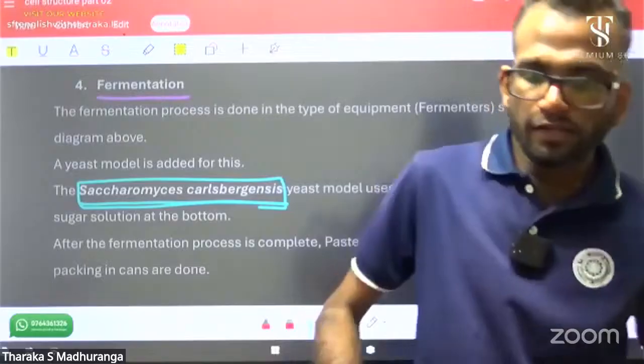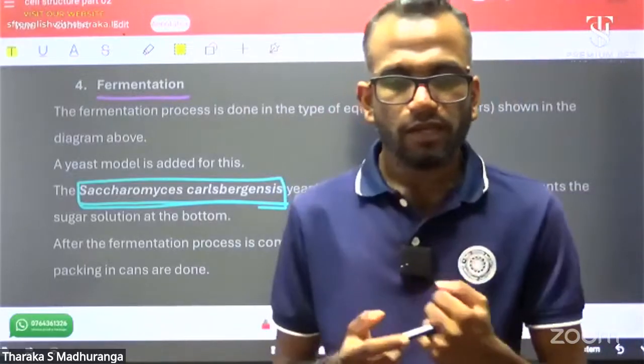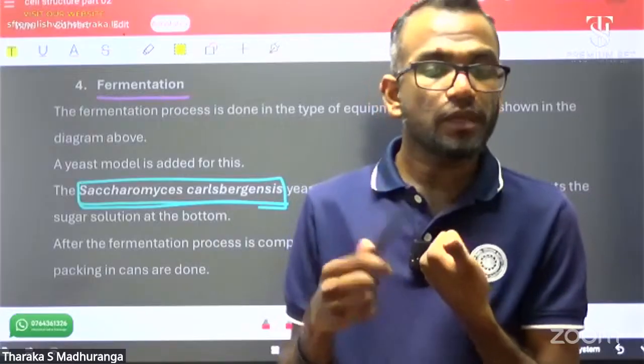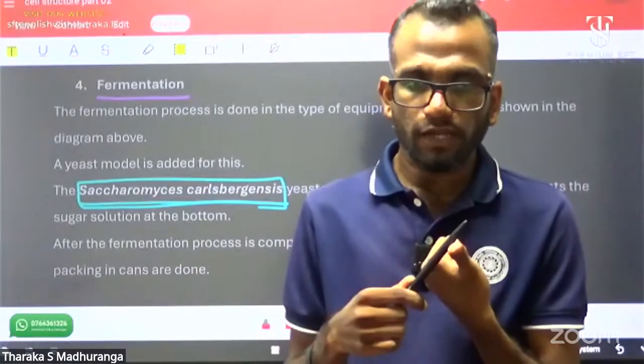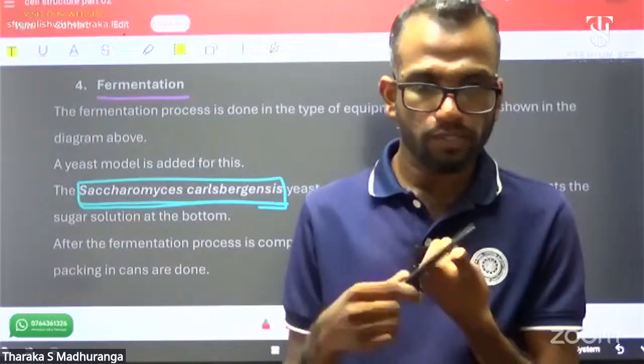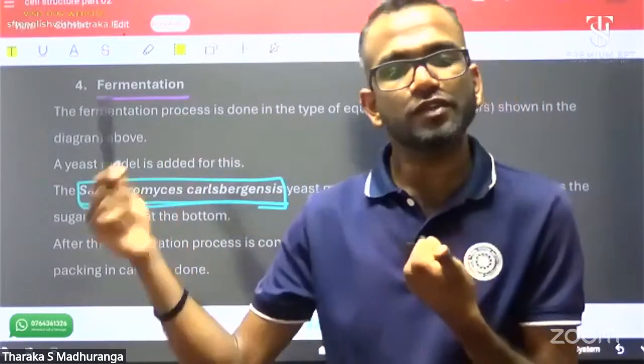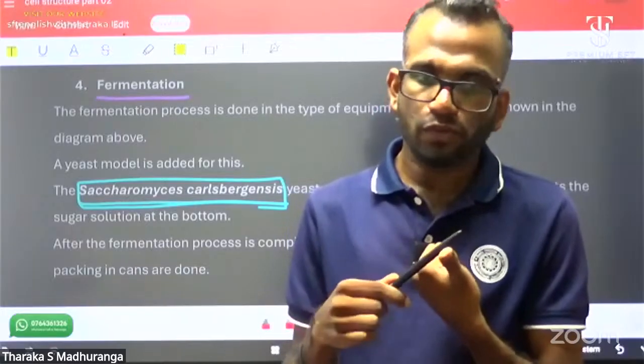Okay, let's revise the beer production steps. First one, germination of barley seeds, that's malting. In the germination process, starch converts into glucose.